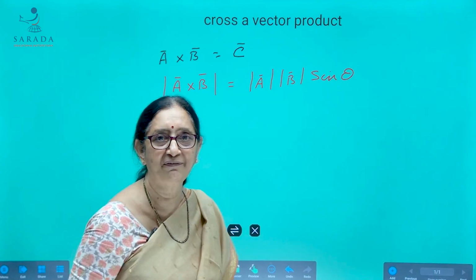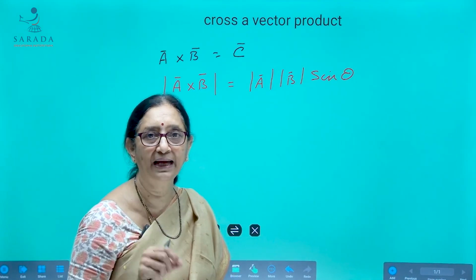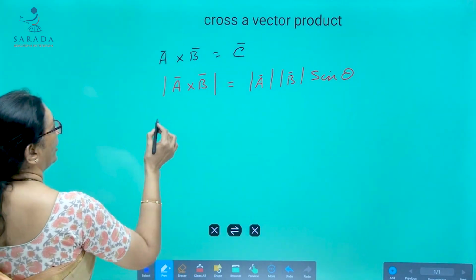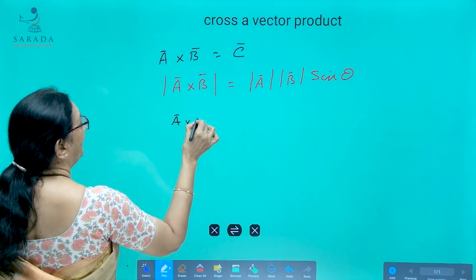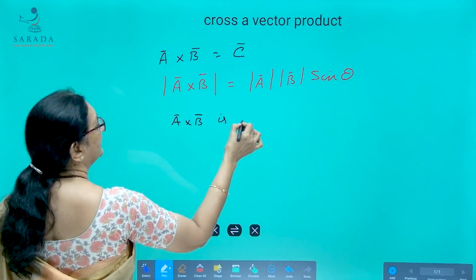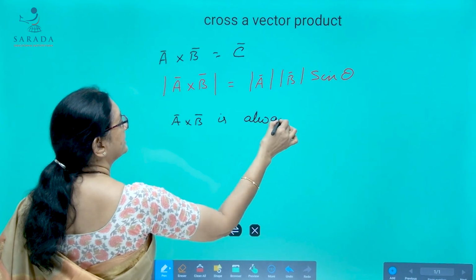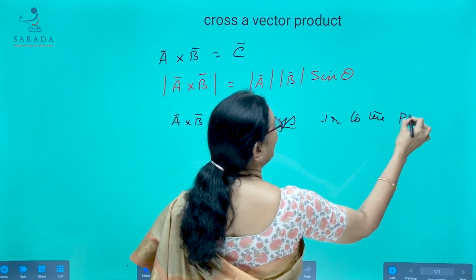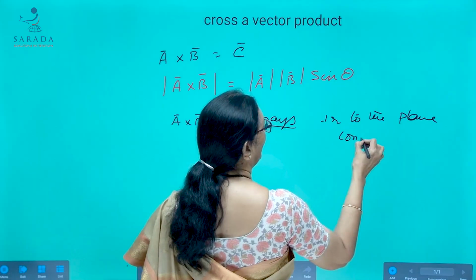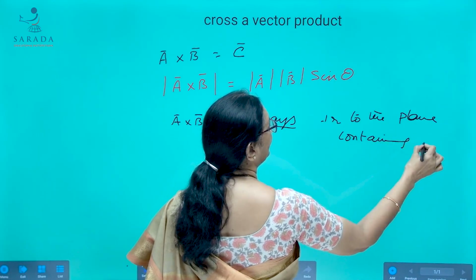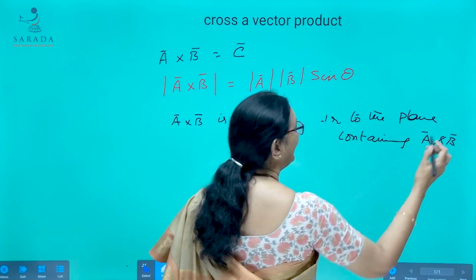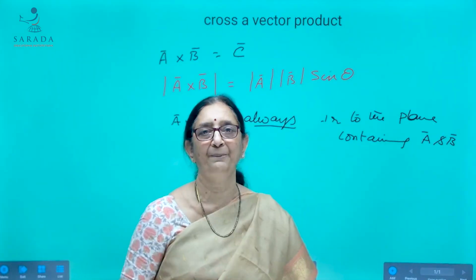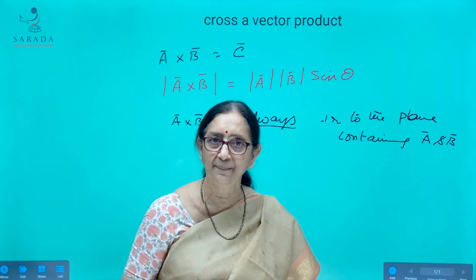One part of it is done. What else do we need to define? We have to tell something about the direction of the cross product of two vectors. So the cross product A bar cross B bar is always perpendicular to the plane containing A bar and B bar.